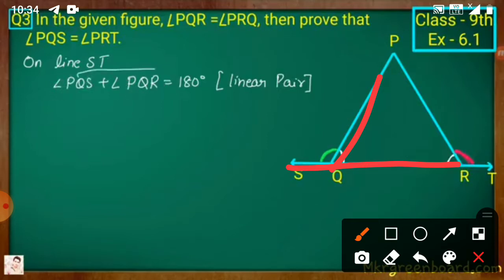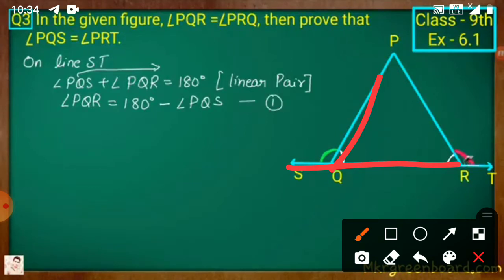Now, angle PQR equals 180 minus angle PQS, we have to send that side. See children, angle PQR equals 180 minus angle PQS.